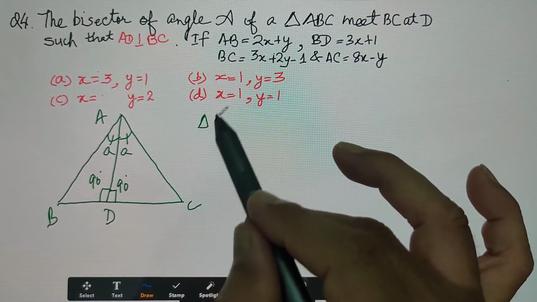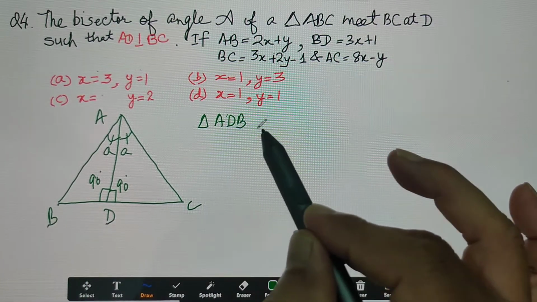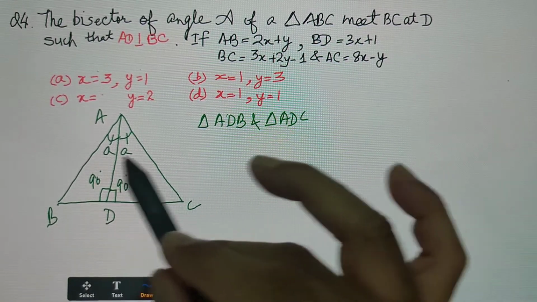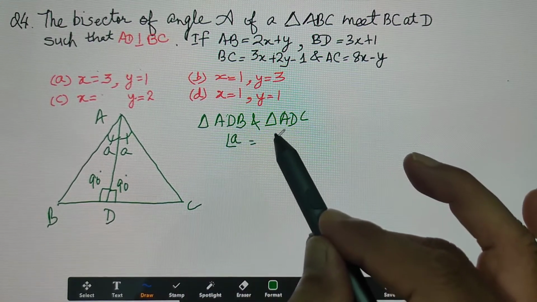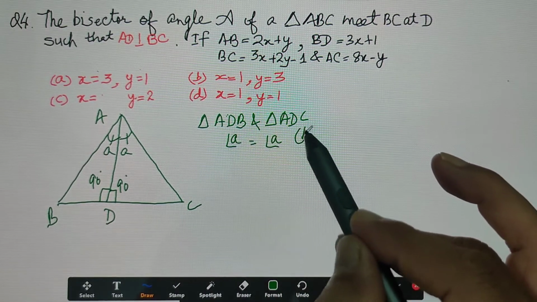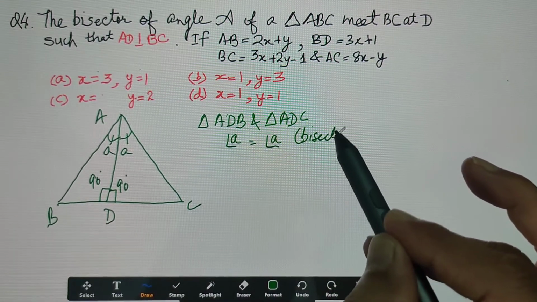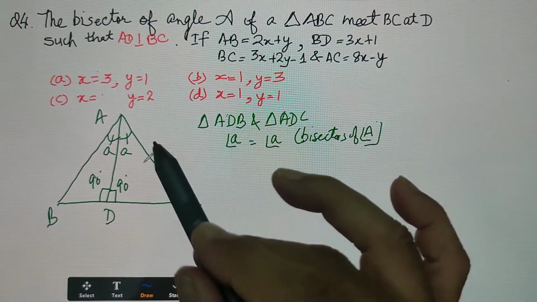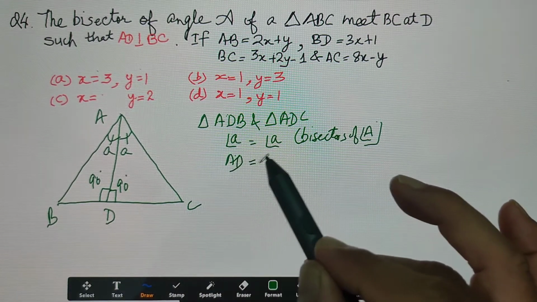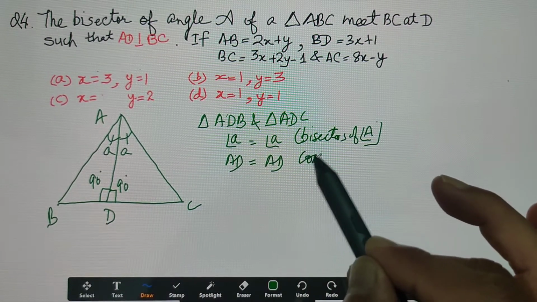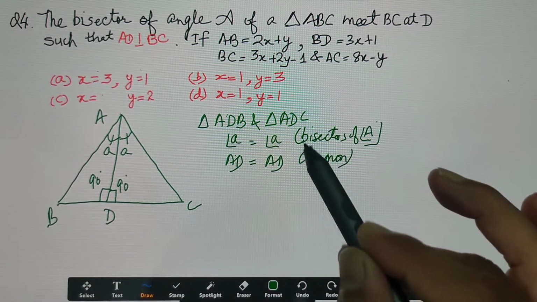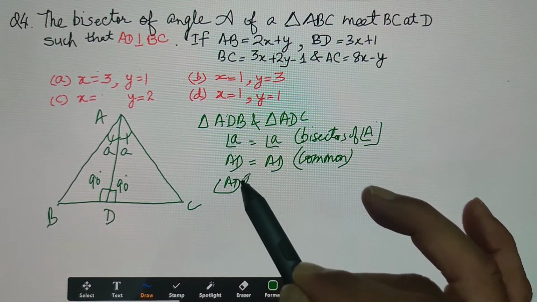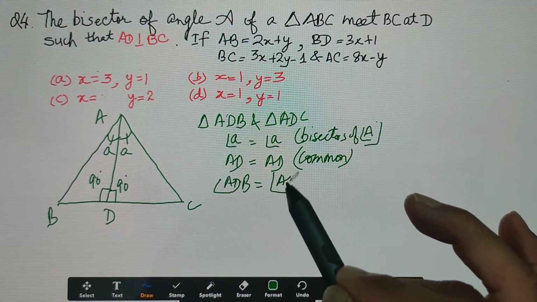Now let us consider the triangle ADB and triangle ADC. Here angle A is equal to angle A, bisector of angle A. Then we have AD and AD, the common side, and then we have angle ADB equal to angle ADC.